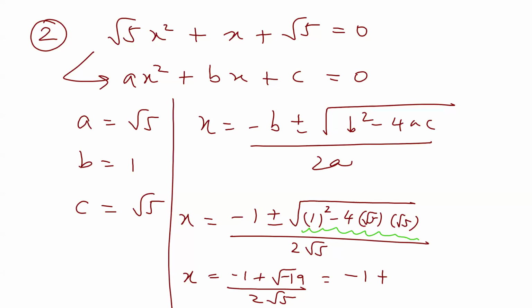Now, like the previous problem, we can express this as root 19 into i upon 2 root 5. And there is plus or minus in between. So again, we got a conjugate pair. Fine. Right?